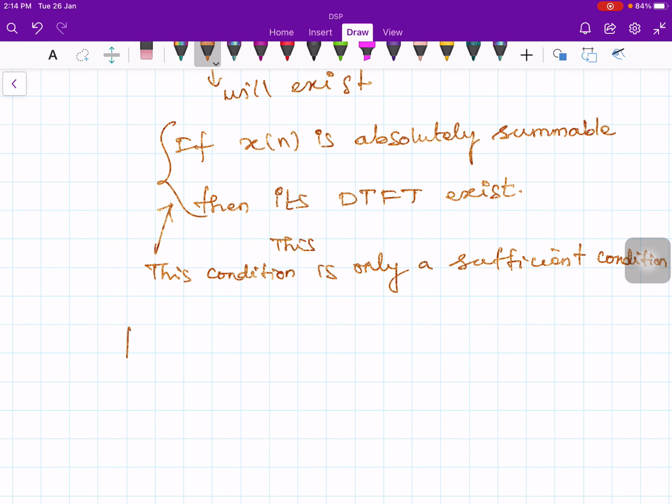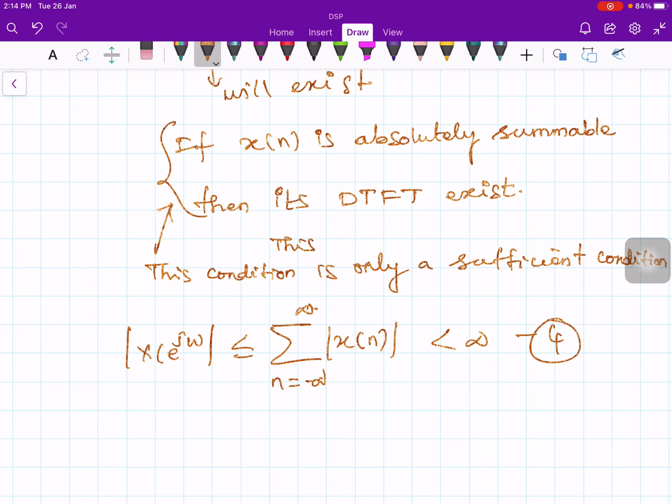Therefore the magnitude of X(e^{jω}) is less than or equal to the summation of |x[n]|, and this is less than infinity, where n goes from minus infinity to plus infinity. Let me call this equation number 4. So now there are sequences which are not absolutely summable, but their DTFT exists.